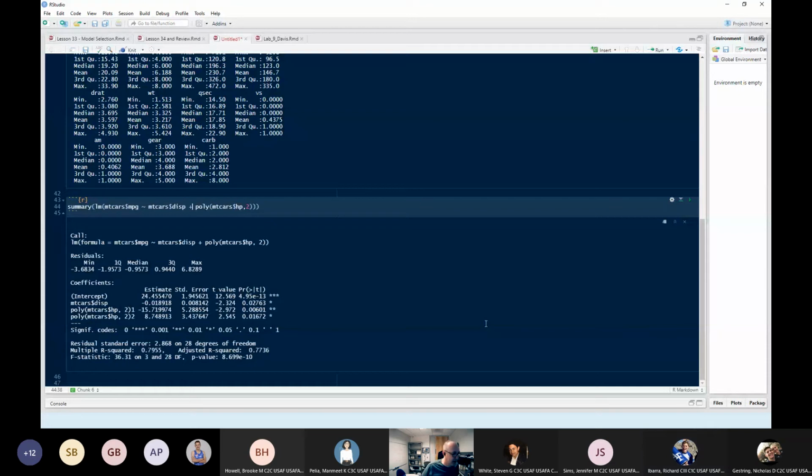Matt, what do you got? What's going on here that I did differently than you, or vice versa? I went with the method of creating an HP2 variable that was just the square of HP and added that as a variable. Oh, so you took the HP variable and made a new variable that was the square of that and then regressed based on that?